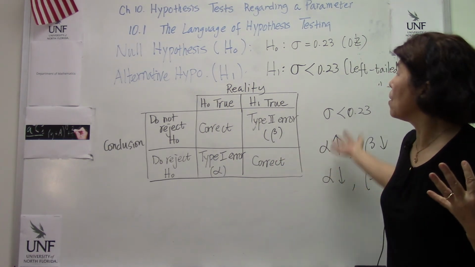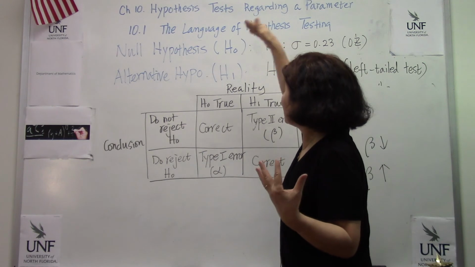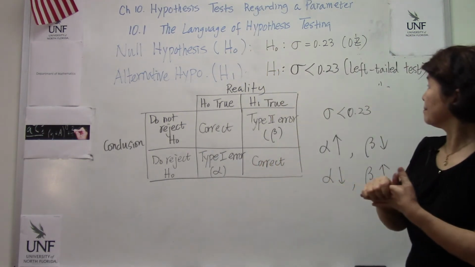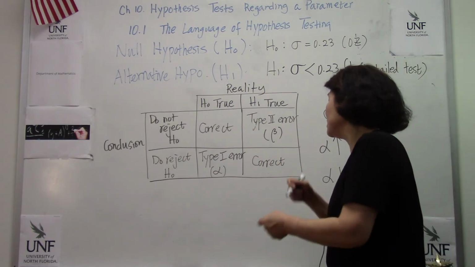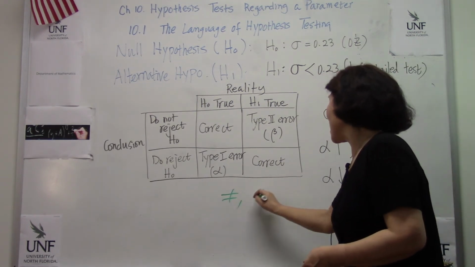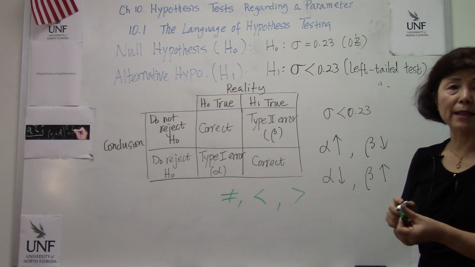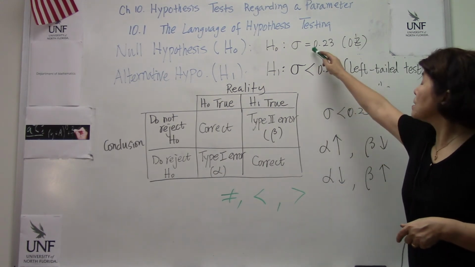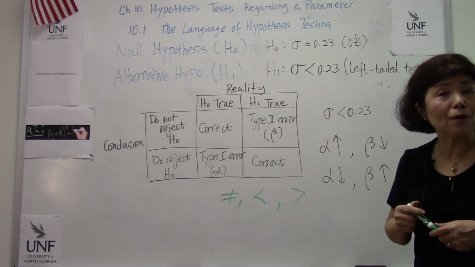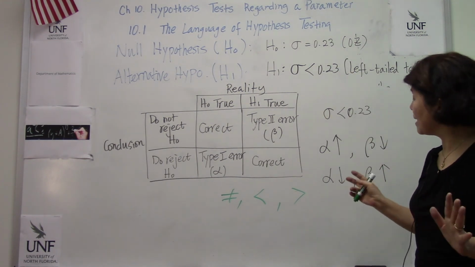Things like that. So this one is the new one that's challenging H naught. For this case, we may use an unequal sign, or less than, or greater than. We do not use less than or equal to, because the equal sign is assigned over there. That's why we cannot do it.